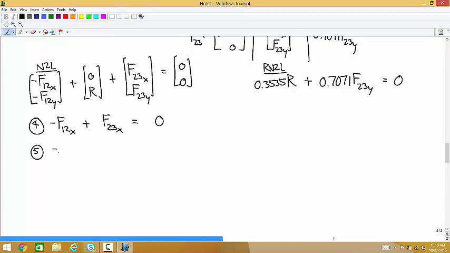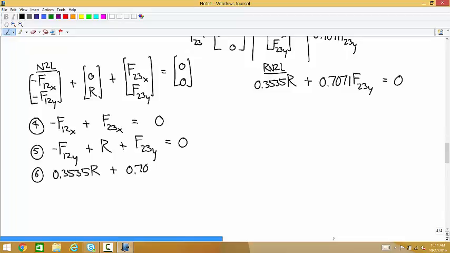Equation 5 says negative F12y plus R plus F23y is equal to 0. And equation 6 says 0.3535 R plus 0.7071 F23y is equal to 0.